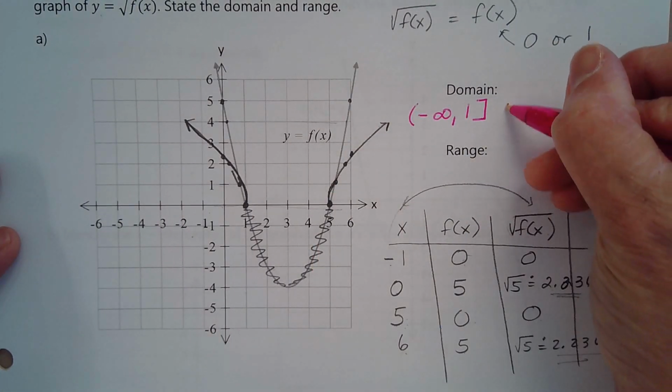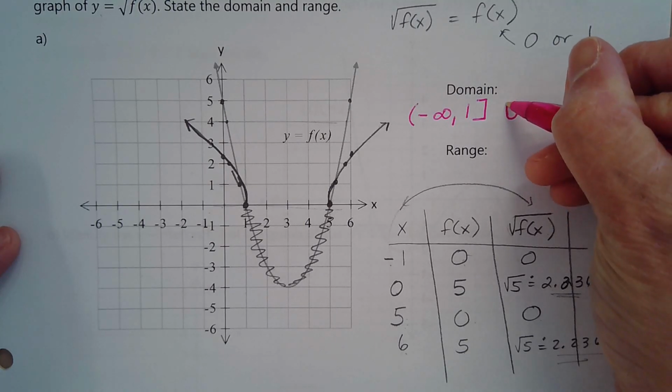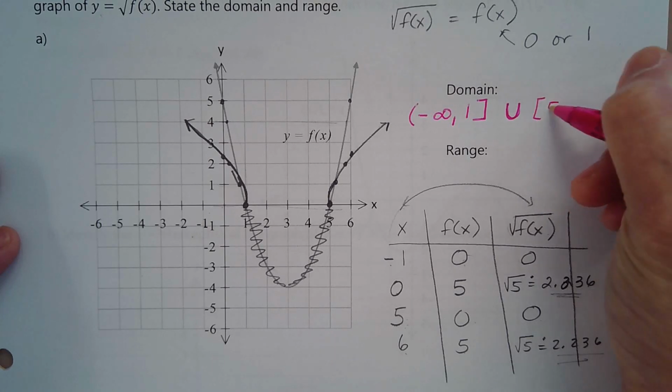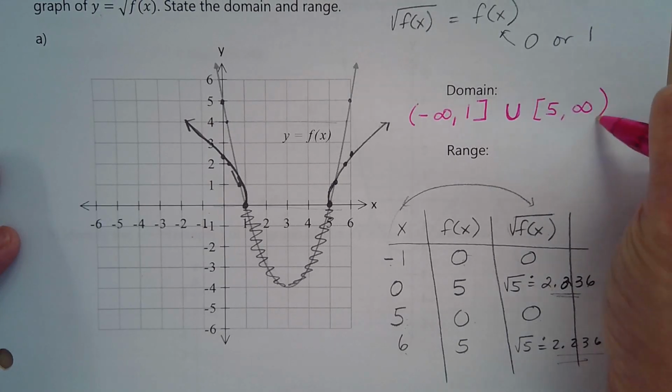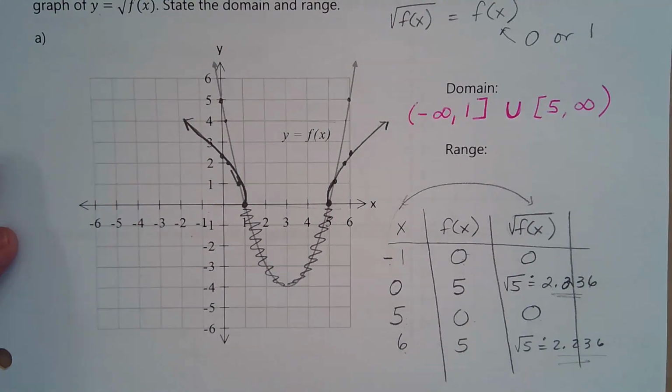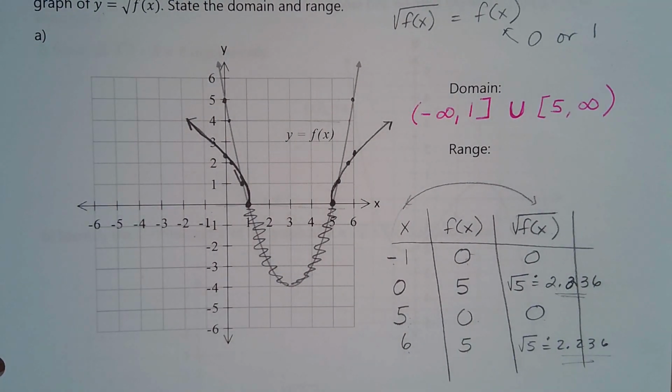So are you okay with this? What does the symbol mean? Union. Yeah, union 5 to infinity. Okay. Good. What about the range?